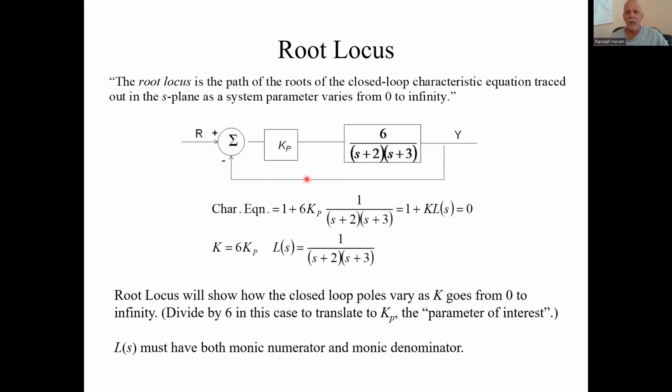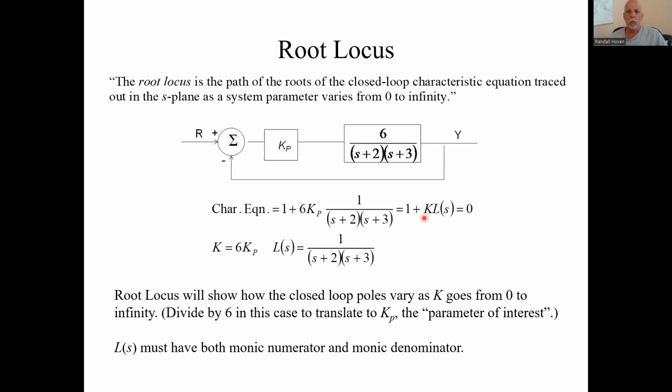So let's say you had this. You had a gain in the forward path in this little plant here, and you want to know, how do the poles of the whole closed loop system vary as I increase K from 0 to infinity? Case of P. Here's the characteristic equation, one way to write it with this ratio in it.